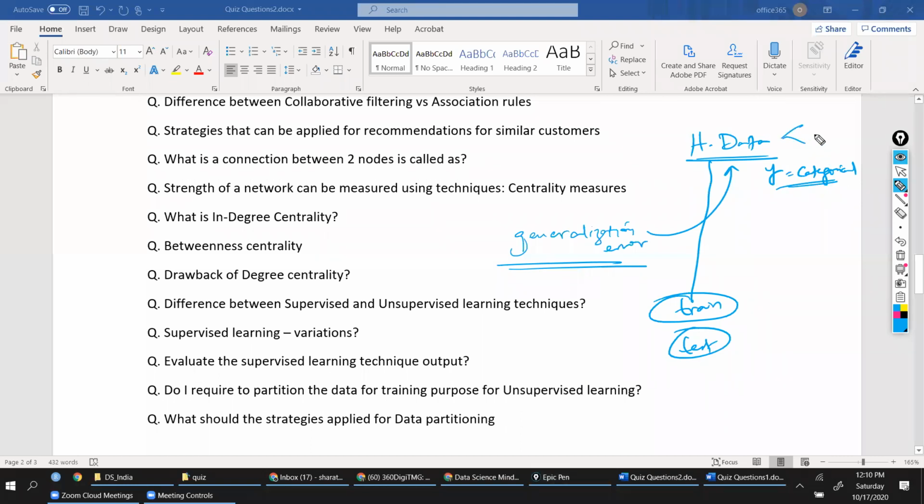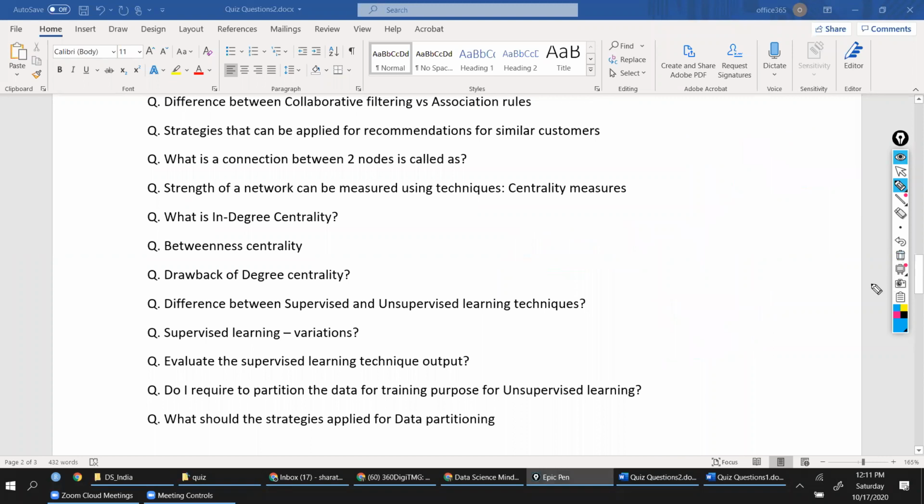And these proportions of categories should be identical in train and test with respect to the population data or historical data here, right? Hence we apply stratified sampling. So these are the strategies that we apply for data partition.